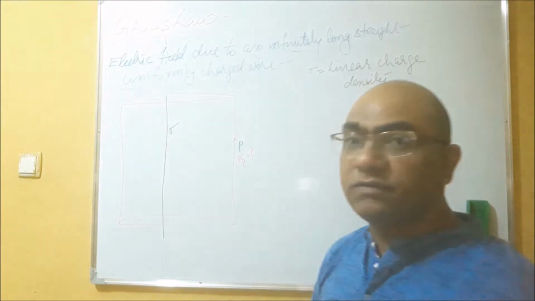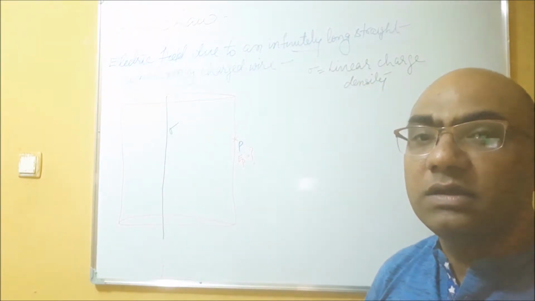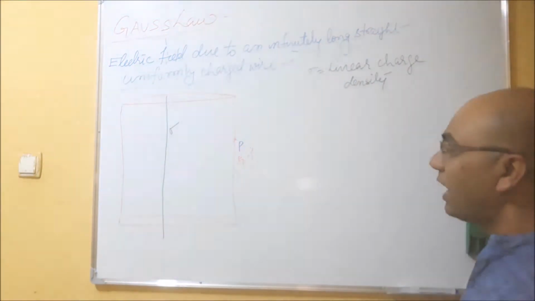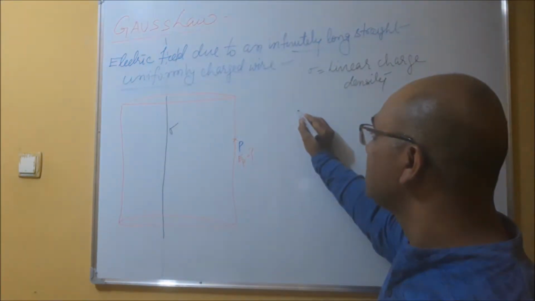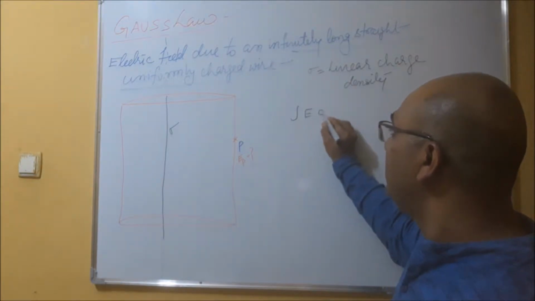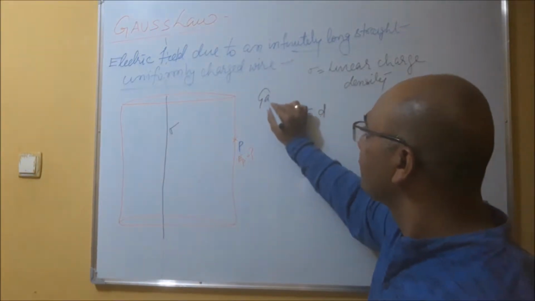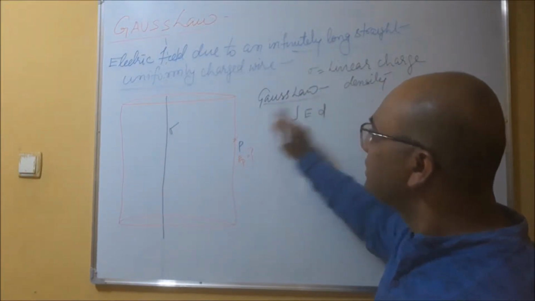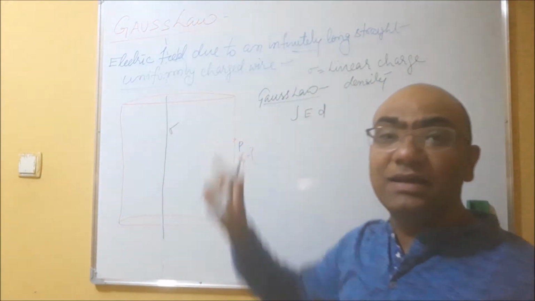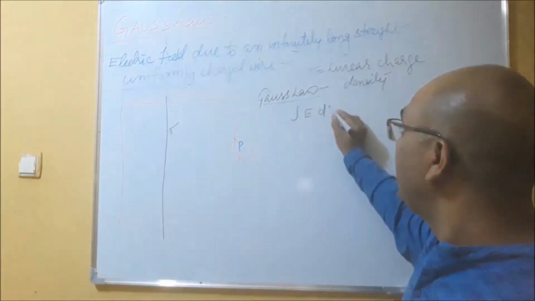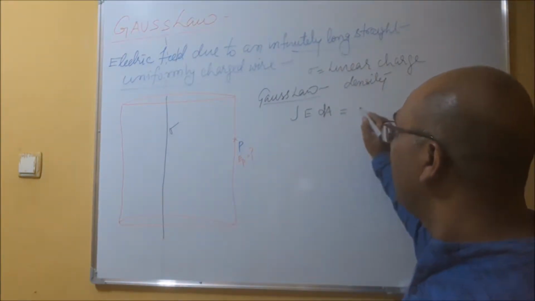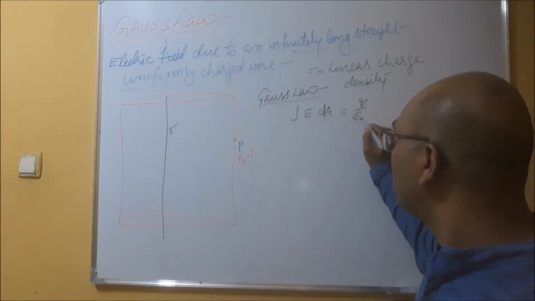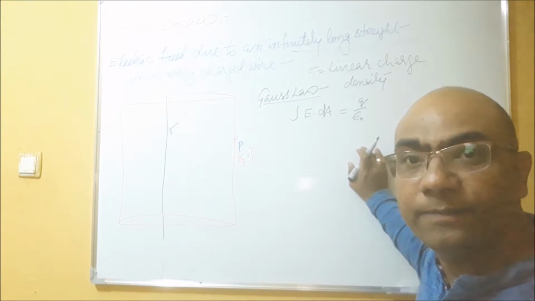Now for this Gaussian surface, if I apply the concept of Gauss law, then according to Gauss law, this red figure, this cylinder, is a Gaussian surface, and the integral of E dot dA is given by Q upon epsilon naught, right?